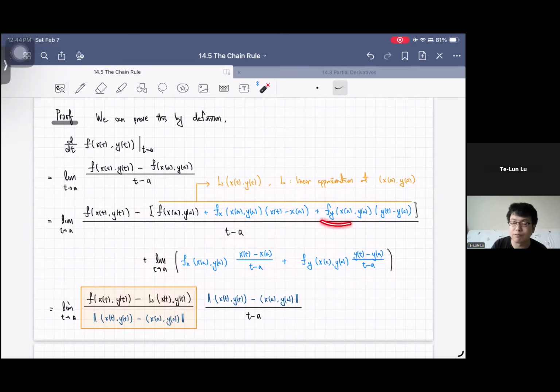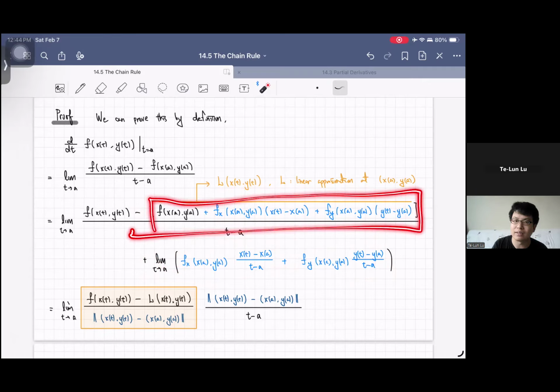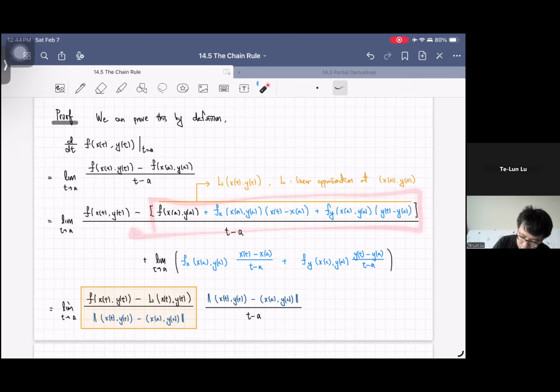And the same thing happens for the y coordinate. And why do I want to do that? It's because this is basically the tangent plane that we learned in the previous video, the differentiability and tangent plane section. Let me just use some notation that it is L of x(t), y(t), where L is simply the linear approximation, if you remember from the previous video, of this function f at the point (x(a), y(a)).